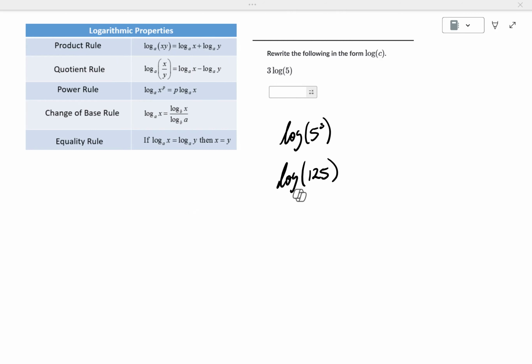So let's see if we enter the answer in just with 5 cubed like that, if it lets us. No. So we have to expand it like 125. That's why it said it was the answer. So just, I guess, as a good habit, let's keep the exponents inside the parentheses. That would probably just be a good habit. So we'll write 125. We'll try one more of these after this one.